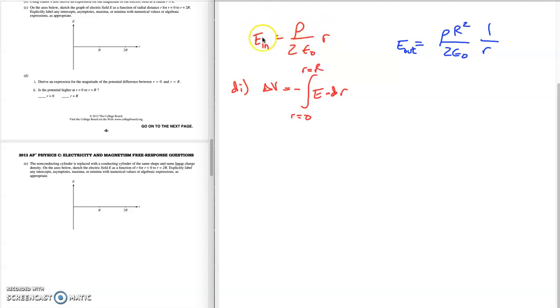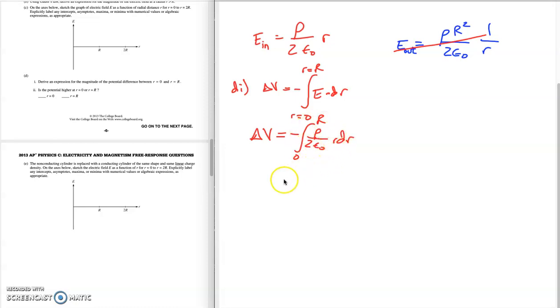This is the inside one. We don't need the outside. That's not relevant. So we're going to substitute this expression into here, and all we care about is the difference between these 2 points. So we can just plug in those 2 points as the limits of our integral. So from 0 to big R of rho over 2 epsilon naught r dr.